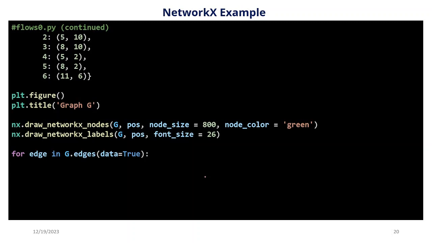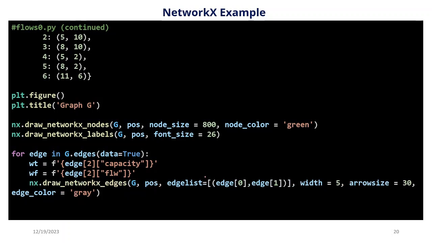So we use two of them in drawing the edges as we see here. So we want to get the width, which is the edge 2, capacity. If you don't understand what is going on here, watch the last two videos. We also want to extract the flow, which we define. So we say draw NetworkX edges, G, pos, edge list, width equal to 5, arrow size equal to 30.